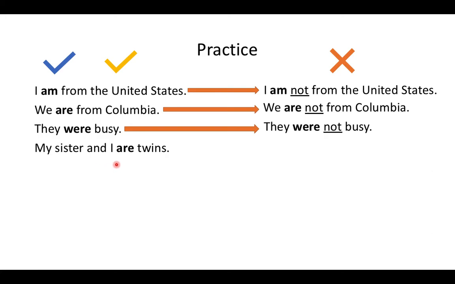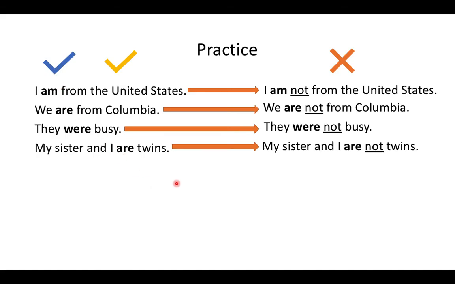My sister and I are twins. So this one's kind of hard because there's a lot that comes before our be verb, which is are. But since my sister and I are, it's just talking about two people, so we say are. That's present tense.